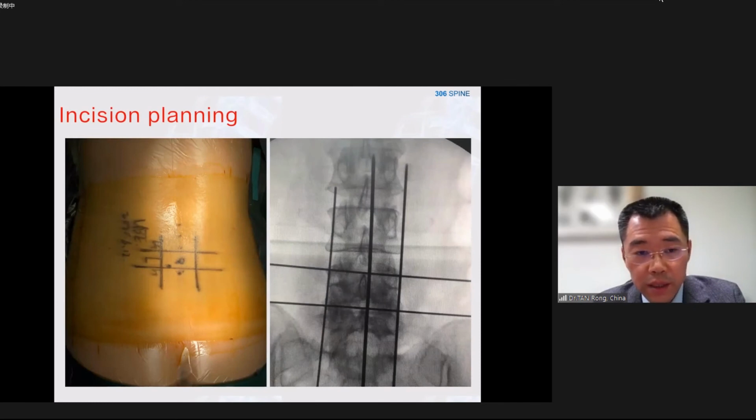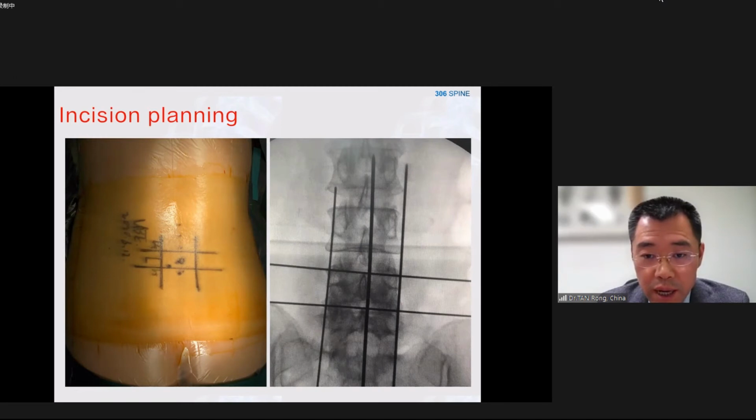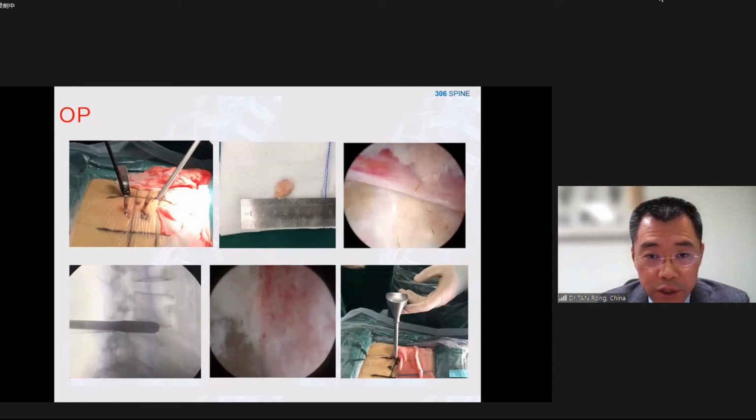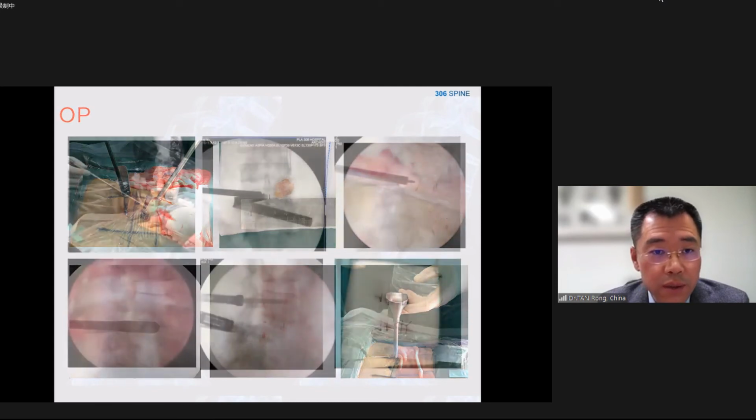For the incision plane, I prefer the outer line of the pedicle. These are the pictures taken during the operation, showing the resection of the facet, decompression of the nerve root, and dealing with the end plate with bone graft.